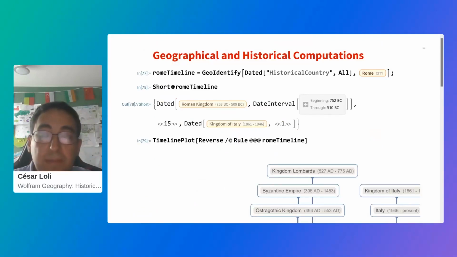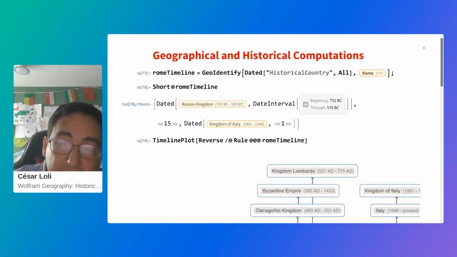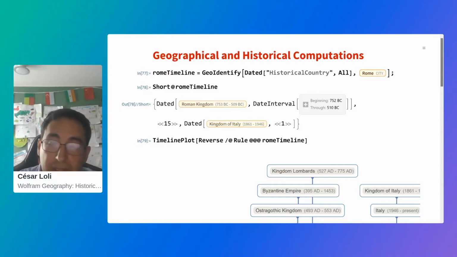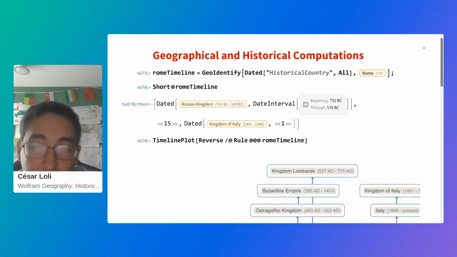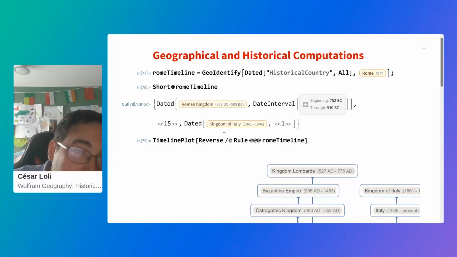Something you can see here is that we can also use the dated wrapper in the domain, in order to have the function return a dated wrapper.